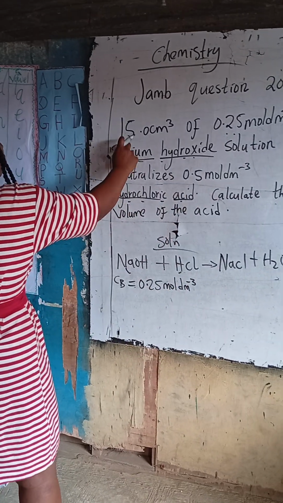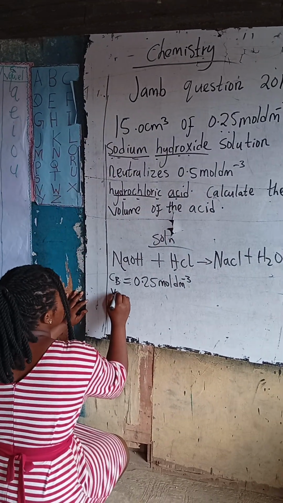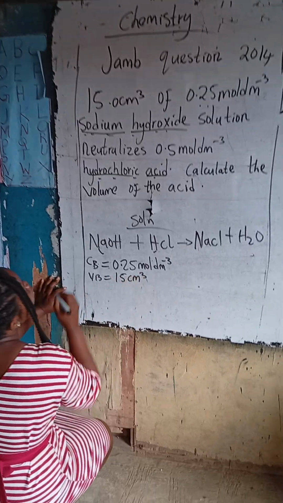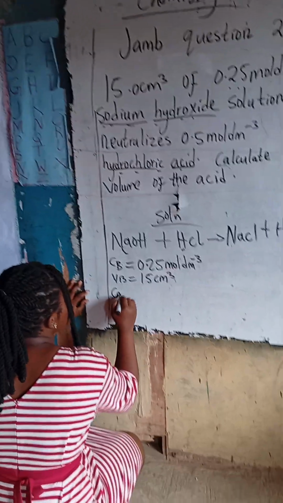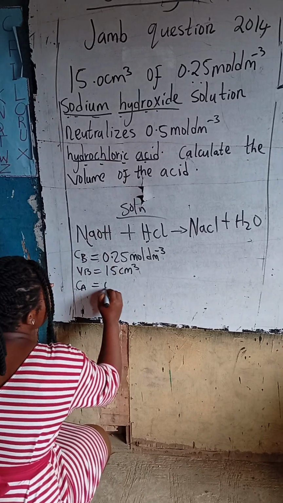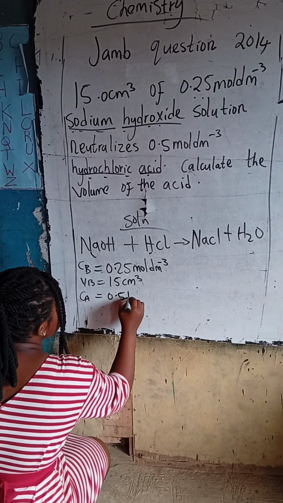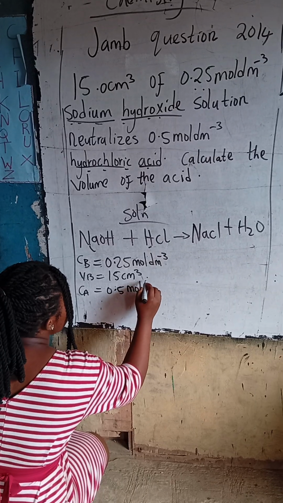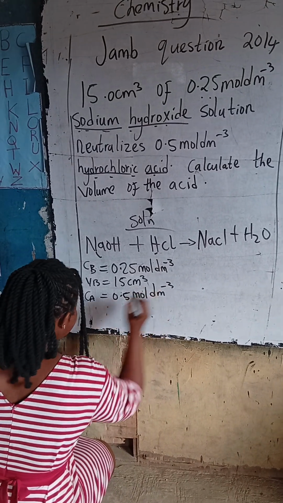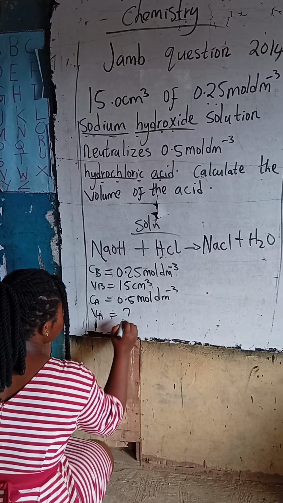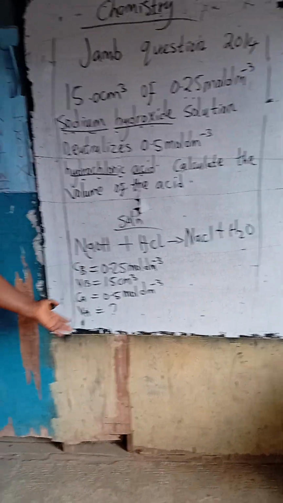Then we have the volume of the base to be 15 cm³. We also have the concentration of the acid to be 0.5 mol per dm³. We also have the volume of the acid is unknown, which is exactly what we are going to be looking for.